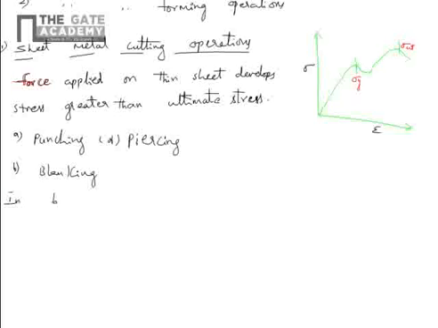In both punching and blanking, this is the punch, and this is the die which supports the operation. This is the thin metallic sheet.